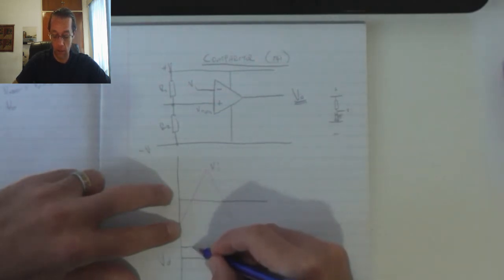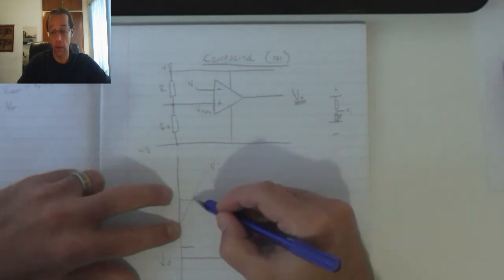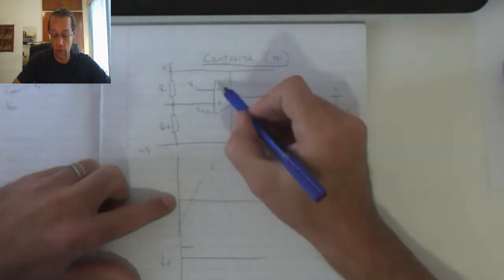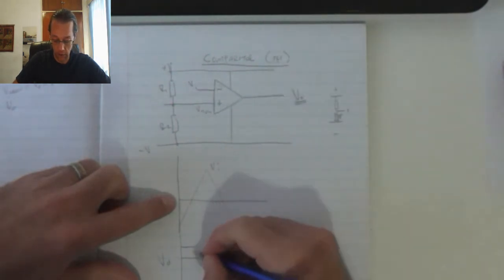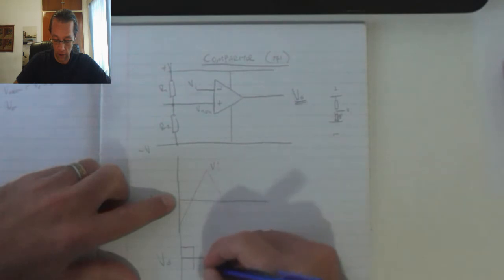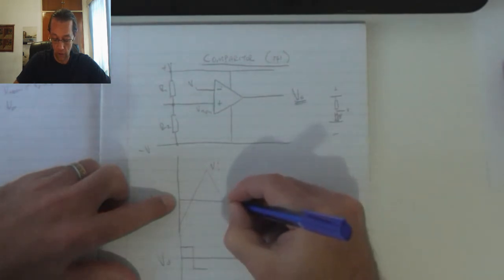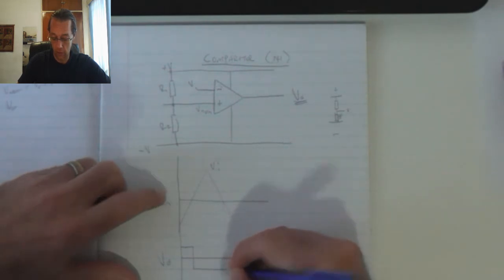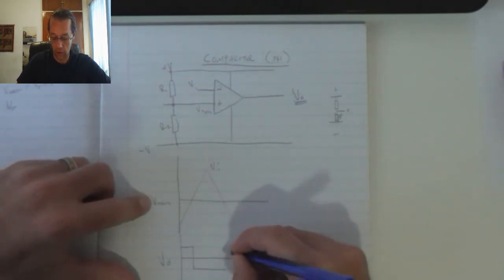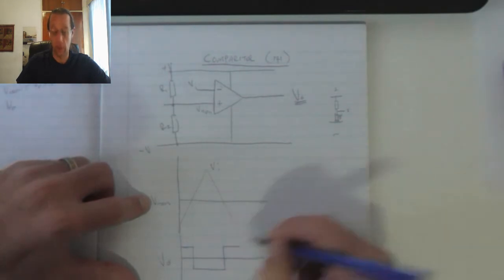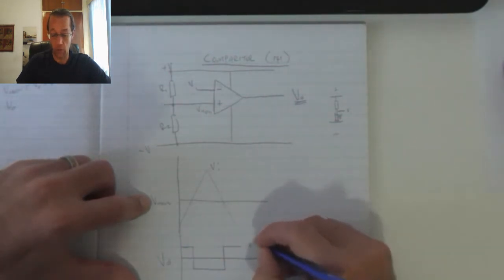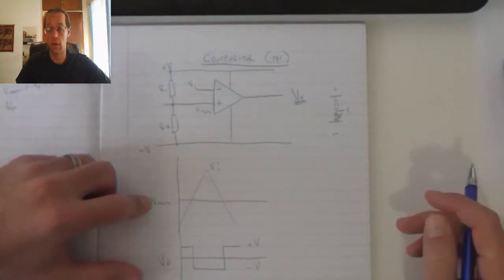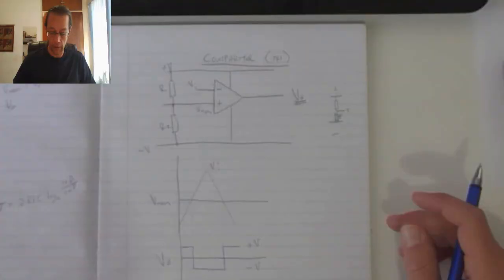Once that point is reached, my inverting input voltage goes above my reference, and as a result it's going to switch into the negative saturation over there, and it's going to stay there until the reference voltage, or the non-inverting voltage, is larger again, and then it'll switch back to the positive saturation out of the negative saturation stage.